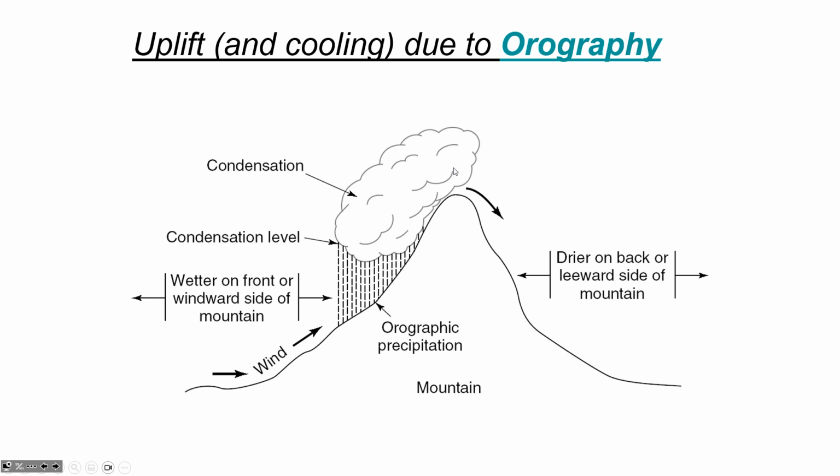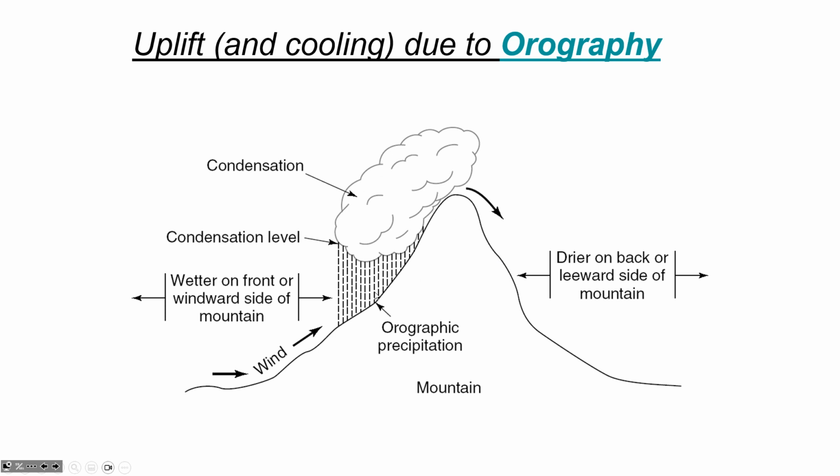And especially because as the air goes down the mountain, it's going to be warming up again. And so as the air is warming, it's getting further and further away from being fully saturated. So it's kind of like a double effect.